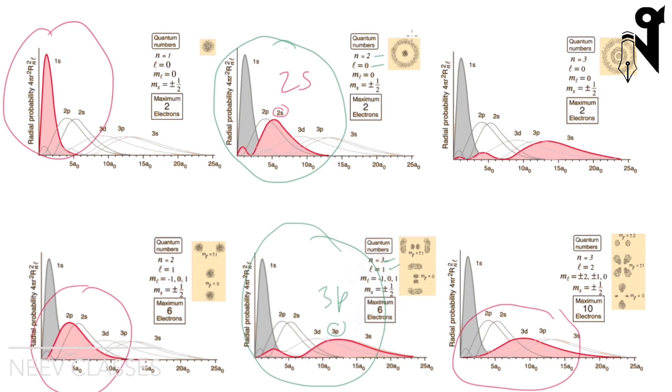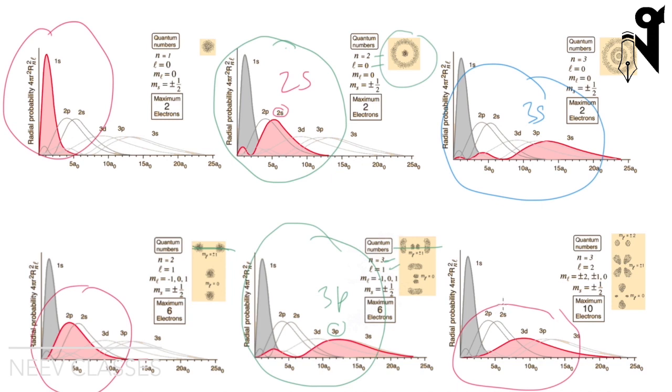The 2s has a double shell, the 3p has a double dumbbell along the same line, not like the single dumbbell which 2p was. And then you have your 3s, which has three shells, that's your triple hump.